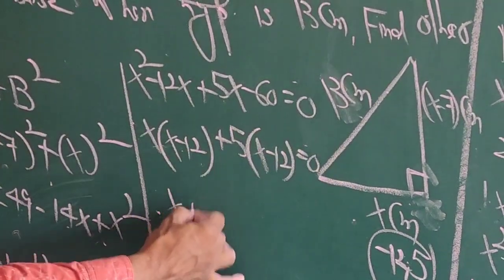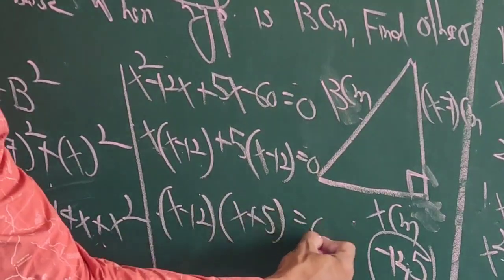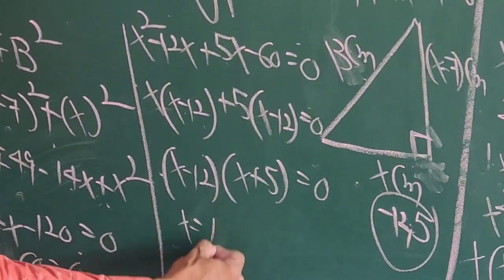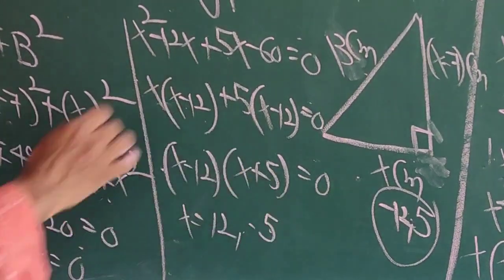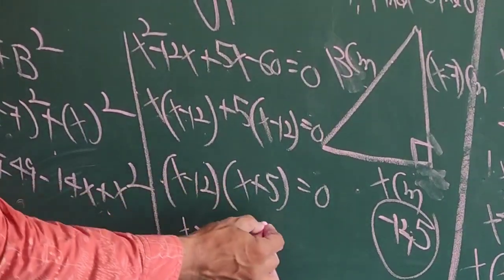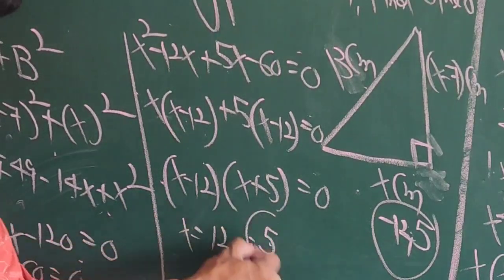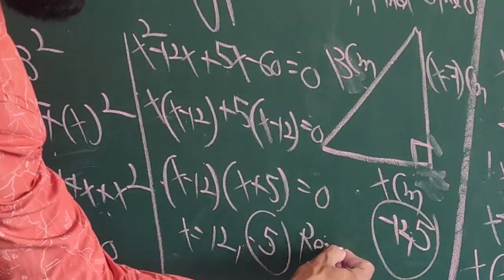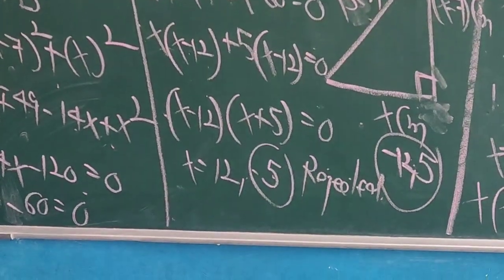And here x minus 12 is a common factor, and the other factor is x plus 5. By putting these two factors equal to 0, we get x equal to 12 and x equal to minus 5. But the side cannot be negative, so minus 5 is rejected, so we get x equal to 12.